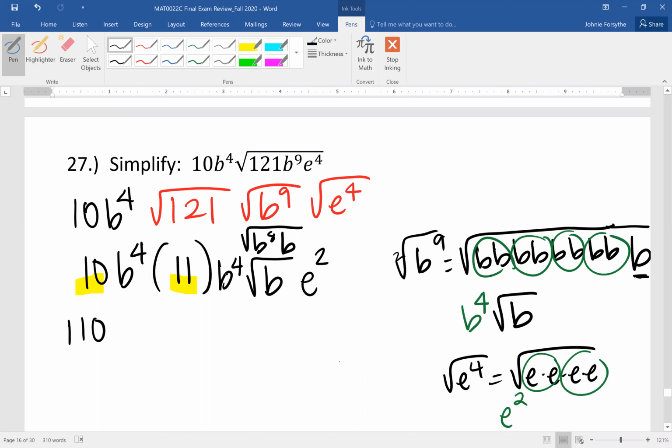I'm multiplying exponents with the same base, so I'm going to add the exponents. That's b to the 8th. And then I have this e squared outside of the radical, so I'm going to write that beside everything else outside of the radical. And now the only thing I have left over is that square root of b. So that's going to be your final answer here.